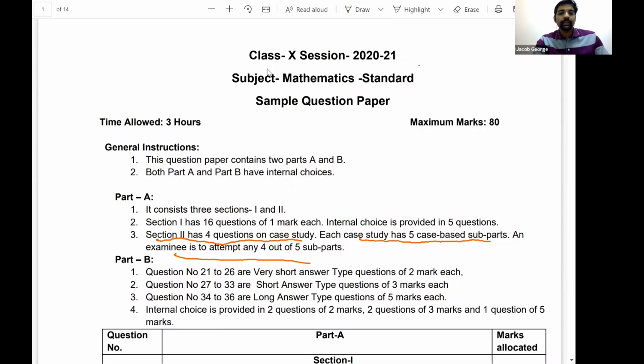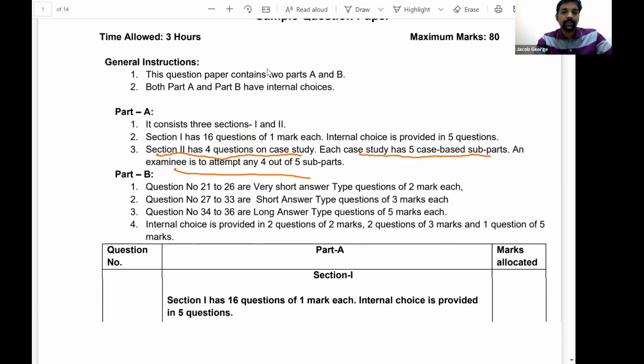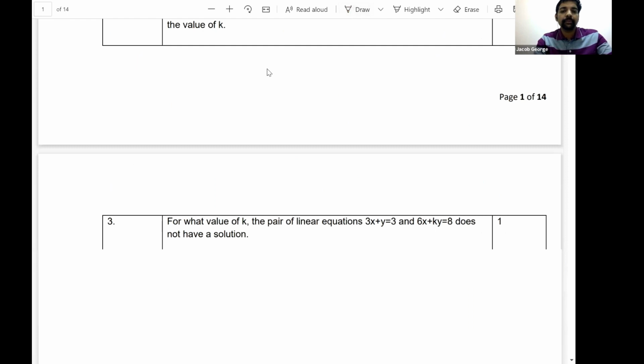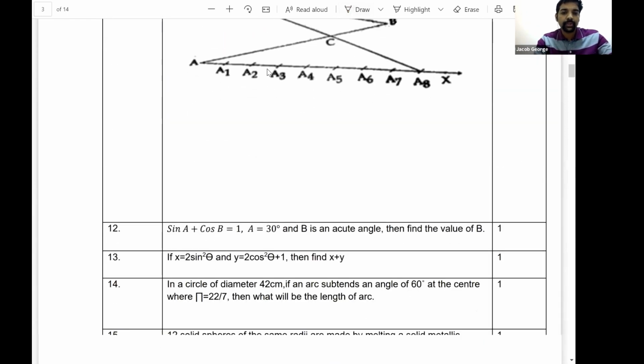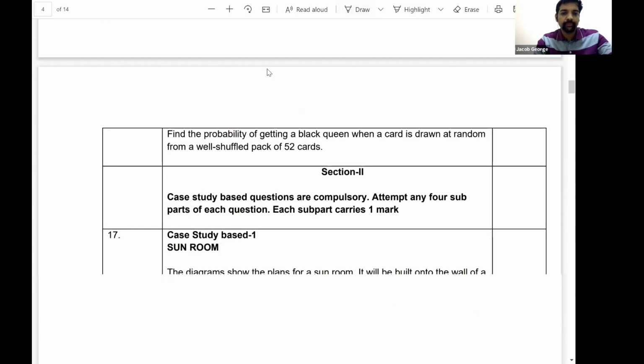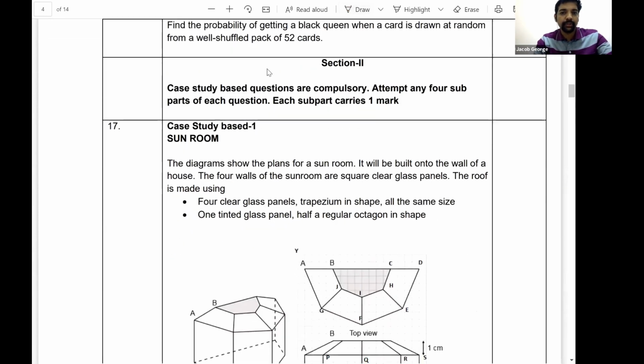The first case study question is question number 17, which is in Part A, Section 2. Let's see the question.